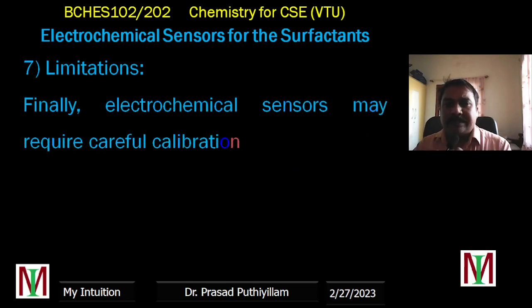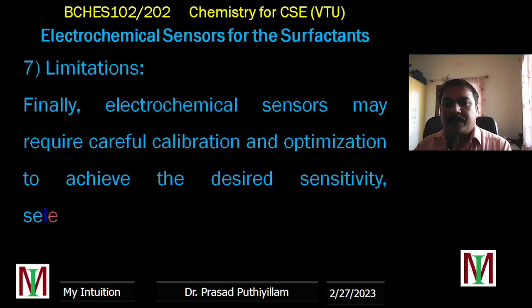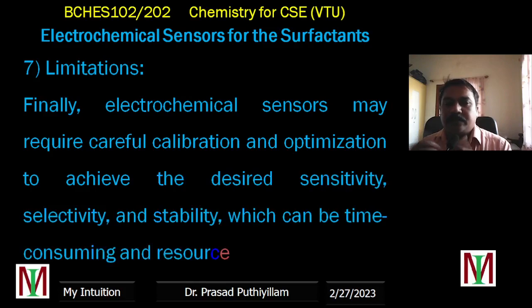Finally, electrochemical sensors may require careful calibration and optimization to achieve the desired sensitivity, selectivity, and stability, which can be time consuming and resource intensive. Okay, so sensitivity is how easily it will sense the surfactants present.